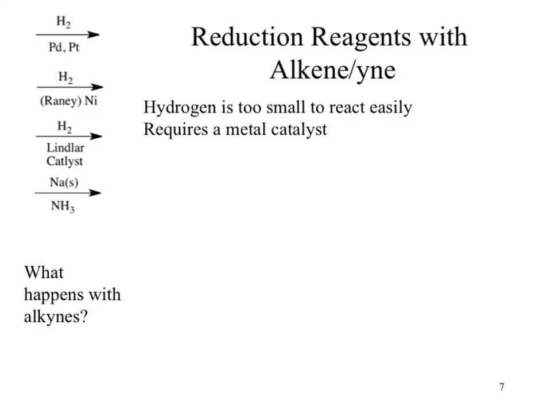So this is going to require drawing it out real quickly. If I add hydrogen and platinum, all right, let's just say I add one equivalent. All right, so the equivalent just means that the mole ratio between the alkyne and that hydrogen are exactly the same. So I can only add one molecule of H2 to the triple bond. What's the result?